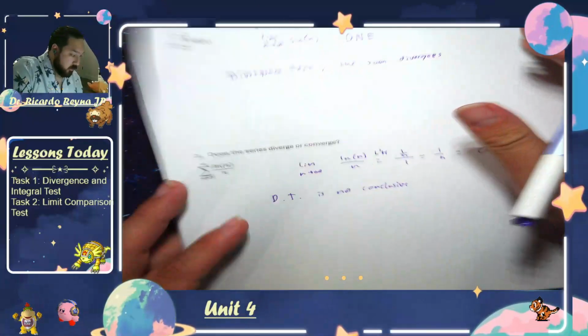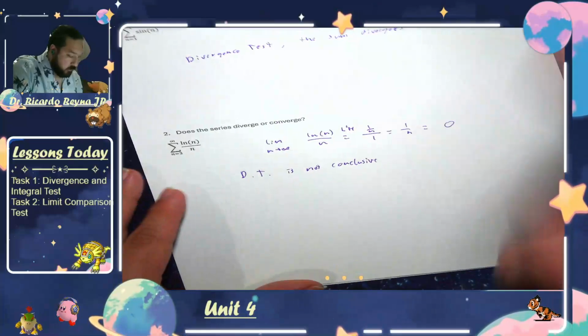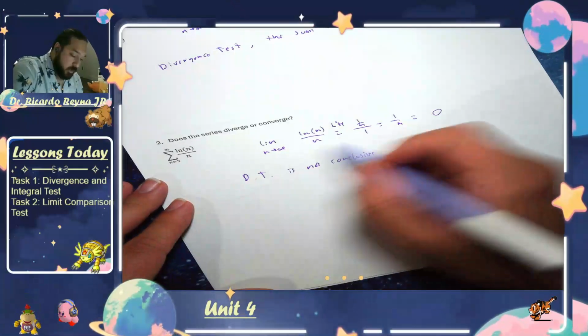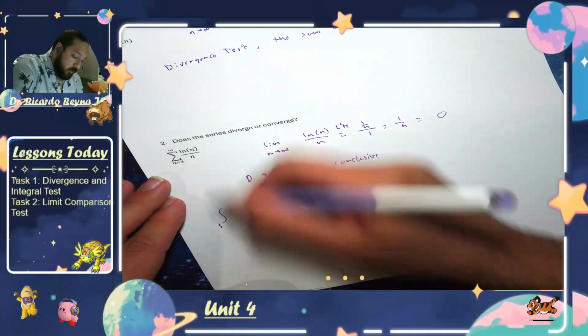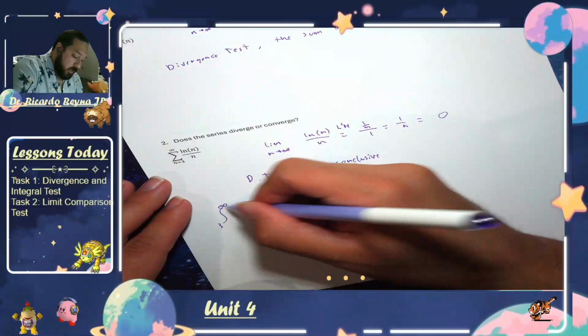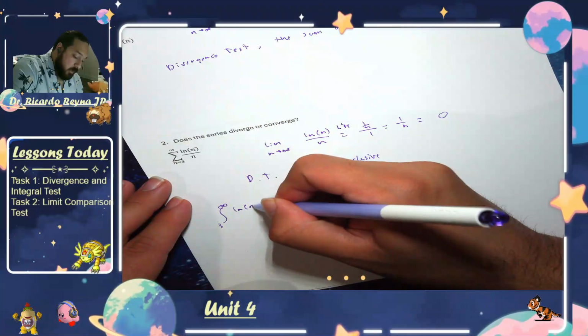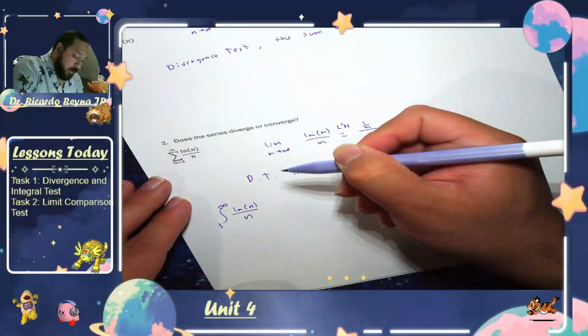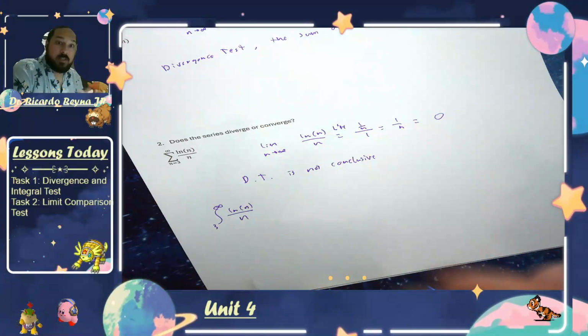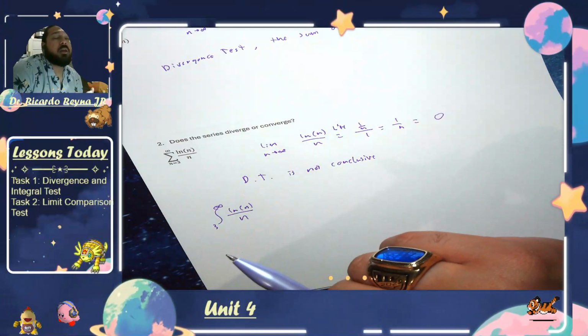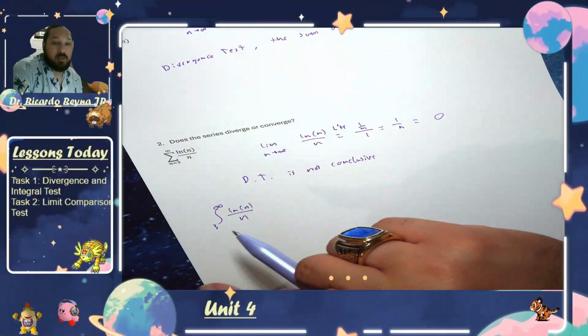So then you do the integral test. For the integral test, you set it up as the integral from 3, because we start at 3, to infinity of ln of n over n. But you have to check if it's positive, decreasing, and continuous.